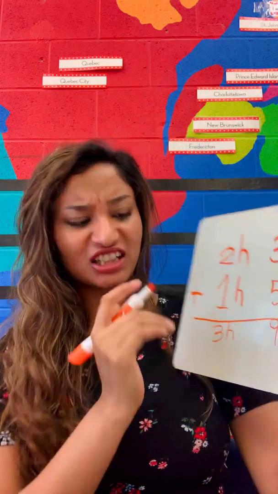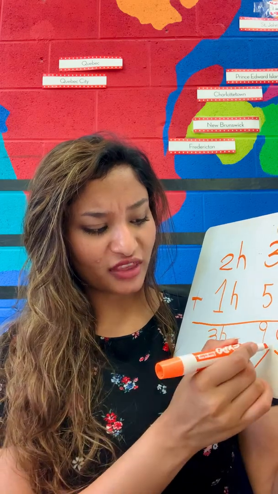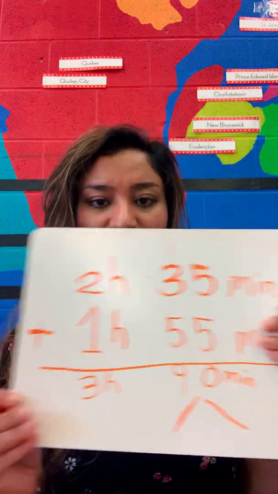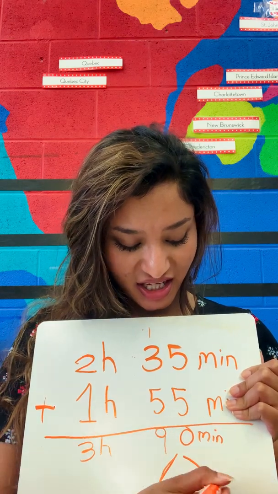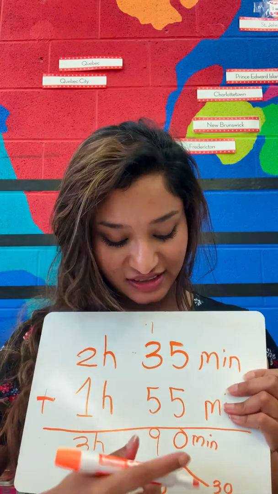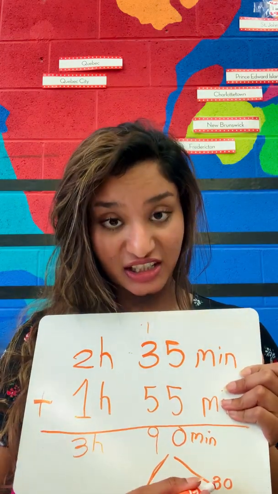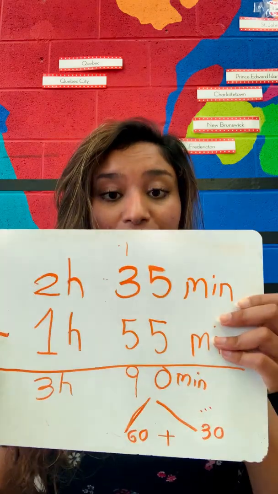90 minutes. Is there another hour in it? Is 90 made up of 60 and 30? So if we were to divide up our 90, it would give us 60 and 30, right? 60 plus 30 gives us 90: 60, 70, 80, and 90.